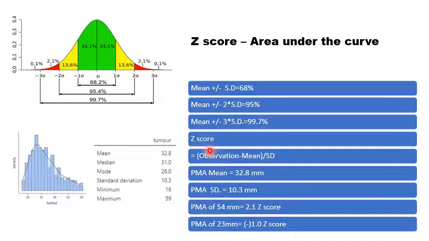The Z-score can be obtained from the observation, which is 54 millimeters, minus the mean, 32 millimeters, divided by the standard deviation. This will give us something just more than 2.1. Because of the difference in the size between 54 and 32, there will be 2 standard deviations and a small fraction.